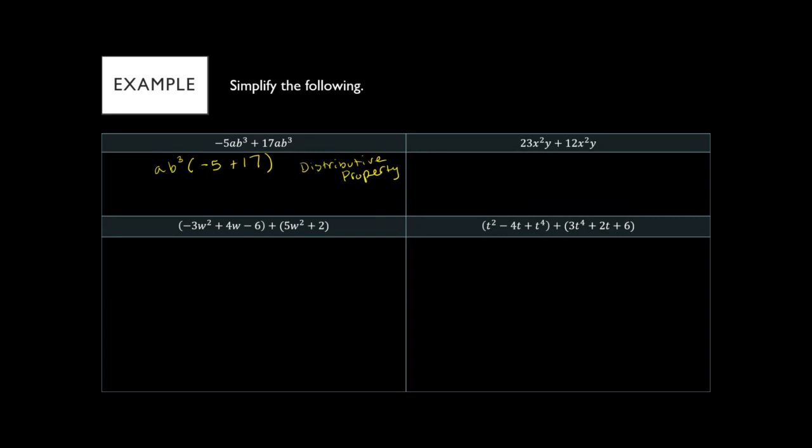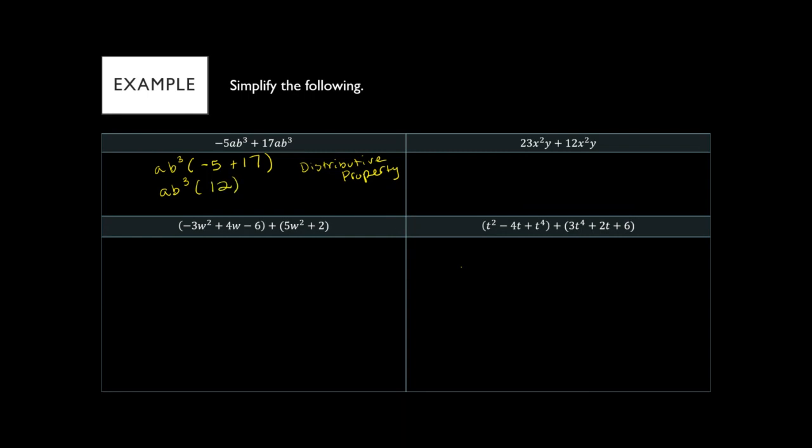If you go back to week 2 when we were learning all the rules and we learned the distributive property, this is one of the things that you can do: you'll have something times things in parentheses. And so what we do is we just add. So we have negative 5 plus 17, which gives us 12.